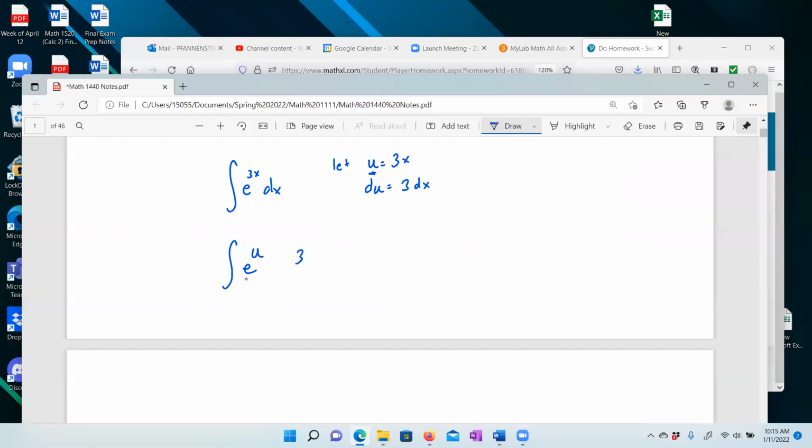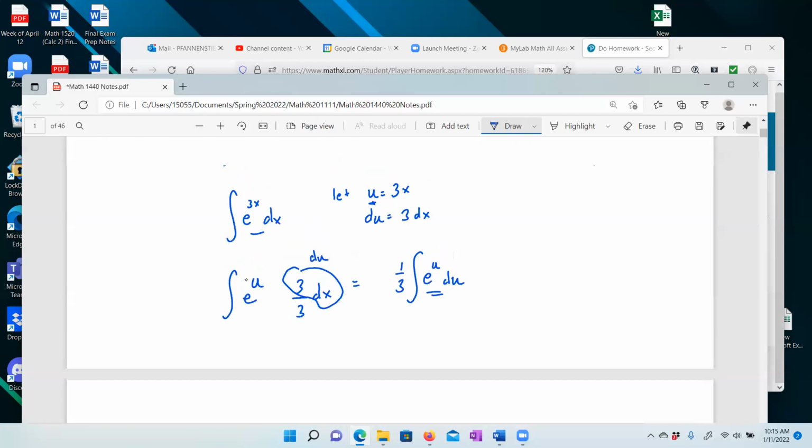So we're going to say this is 3 over 3, that's 1, dx. And I'm going to group this part here to be my du. Since it's multiplied, we can slide a constant through our integral sign. So this is going to be 1/3 integral e to the u du.